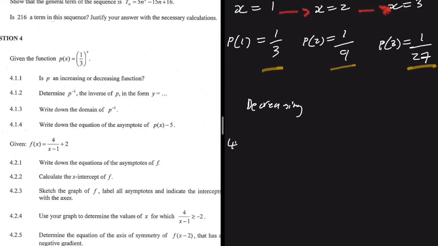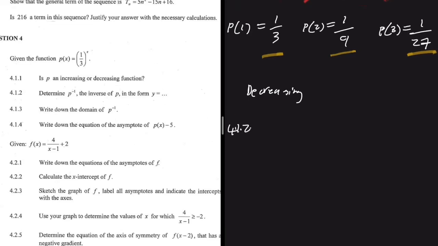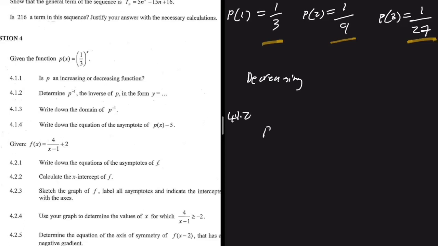And then 4.1.2, determine P inverse, the inverse of P, in the form y equals. So we have P of x being equal to 1 divided by 3 to the power of x. Instead of P of x, let's just put y in there. So we have y being equal to 1 divided by 3 to the power x.